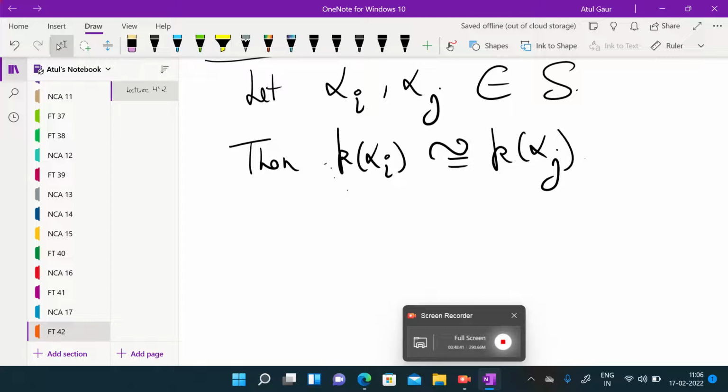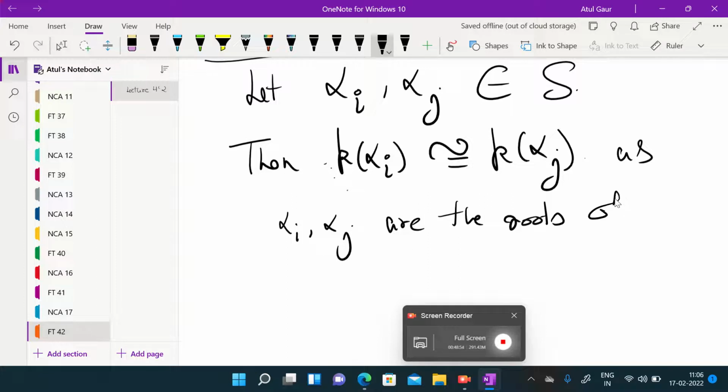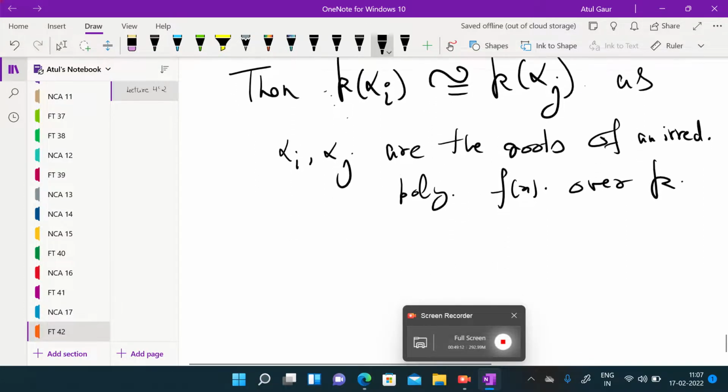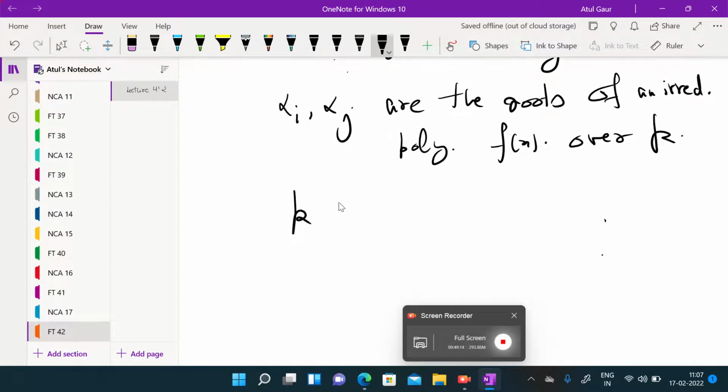Is that fine? Yes, sir. As alpha_i, alpha_j are the roots of an irreducible polynomial f(x) over K, K(alpha_i) is isomorphic to K(alpha_j). Now what you do is, K sitting inside K(alpha_i) is isomorphic to K(alpha_j).